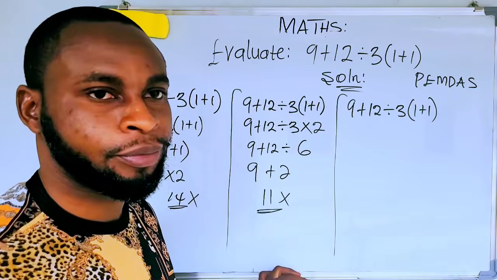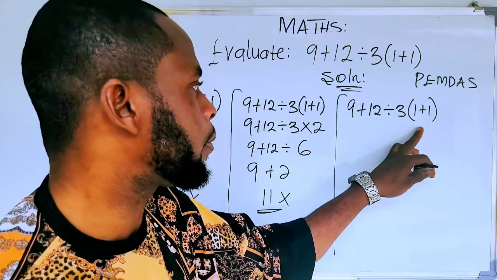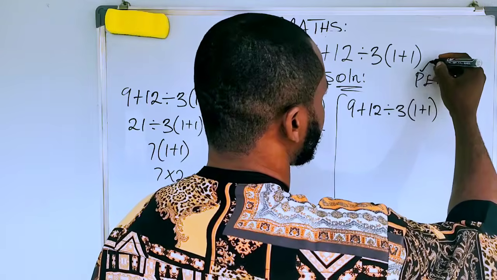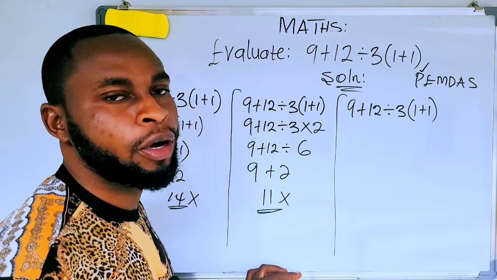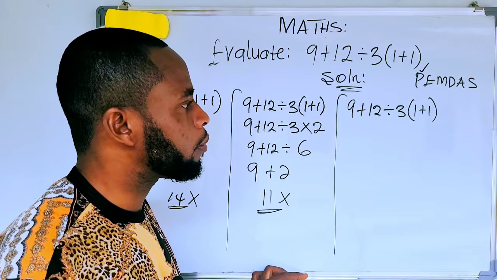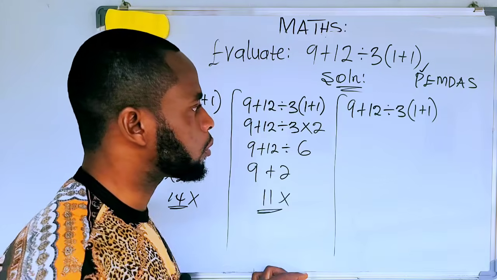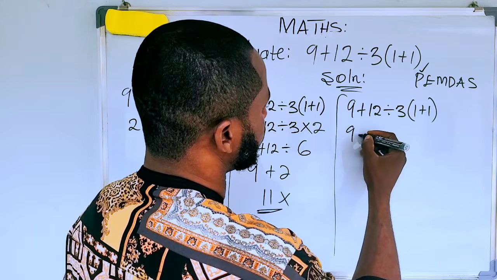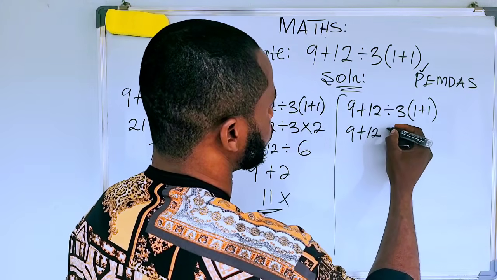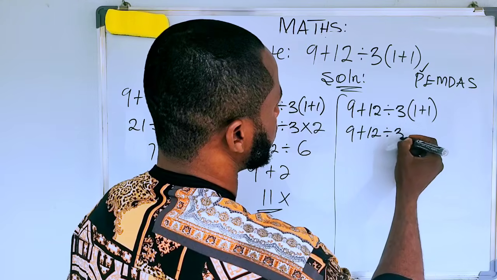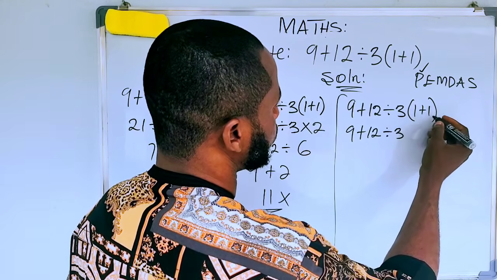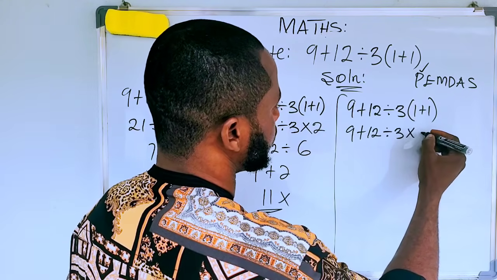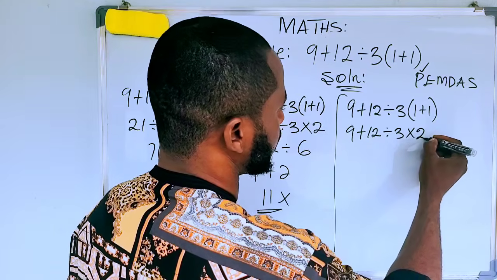Now, first, we are going to consider parentheses first. Here, from this row, we are going to treat the elements in the brackets or the parentheses. Now, we are going to have 9 plus 12 divided by 3, then 1 plus 1, that gives us 2, and that is multiplication.